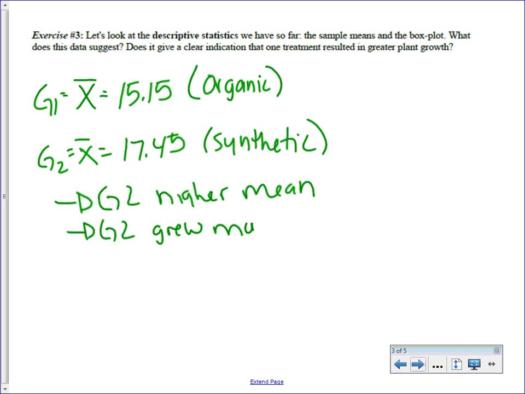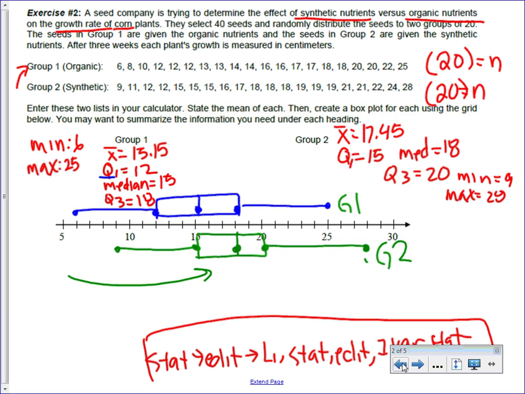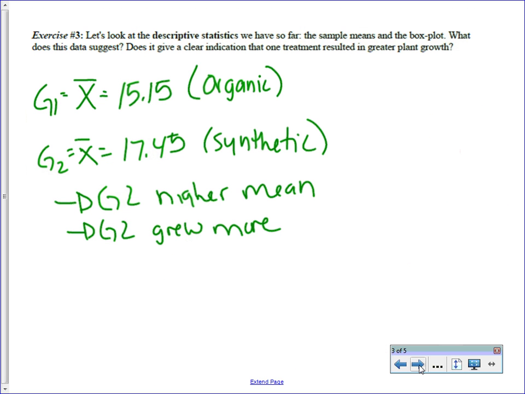I mean, overall they grew more, right? So like the max for group 2 was 28, while the max for group 1 was just 25. So that shows me that they actually grew more than group 1 did. Okay, what else do we see? The median is higher, we noticed that also.